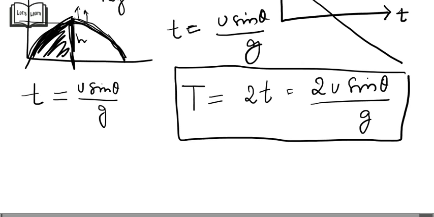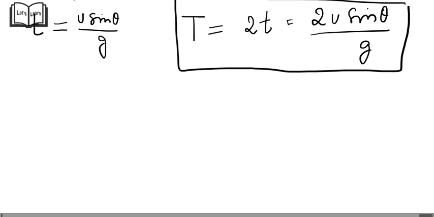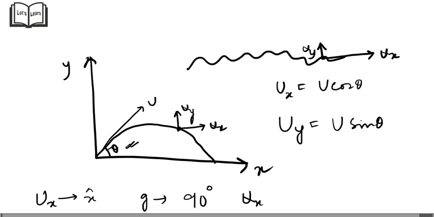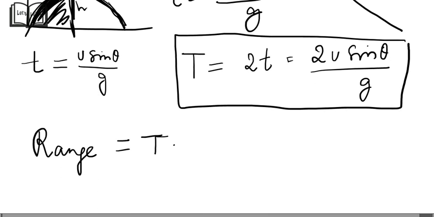Fine. Now let us find the maximum range of the projectile. Now we know the time taken for the projectile, and we know that the range is dependent on the horizontal component of the velocity, that is ux, because uy will not contribute to the range. Uy points upward. Only ux, the horizontal velocity, will contribute to the range. So range will be time times ux.